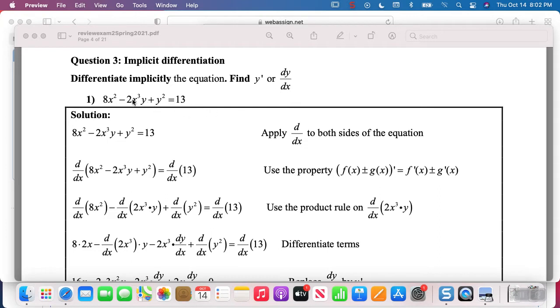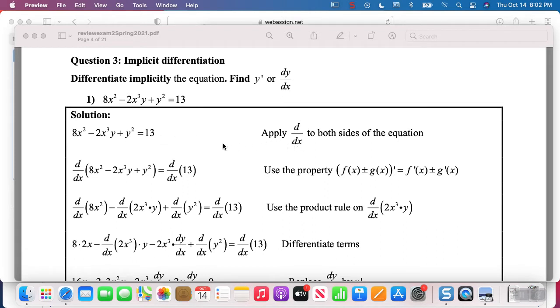If we try to solve it for y, it's going to be a little bit difficult. So that's why we can find y prime by taking the derivative implicitly. What does that mean? Basically it means we go to the given equation and differentiate the equation with respect to x, both sides.